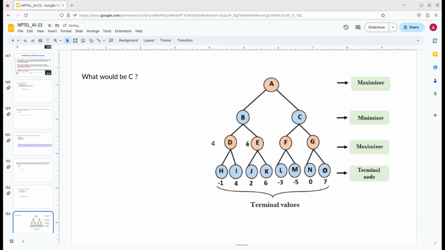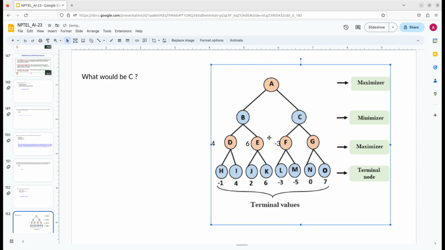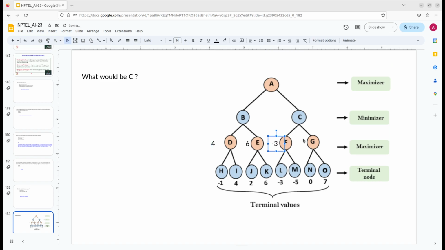Now come to F. For F we have 2 children, minus 3 and minus 5. What is the maximum out of it? Maximum is minus 3, because of the minus sign. So I have written minus 3. Now about G, you have 2 nodes, 0 and 7, and you need the maximum of these. What would be the maximum? 7. So we are putting in 7.